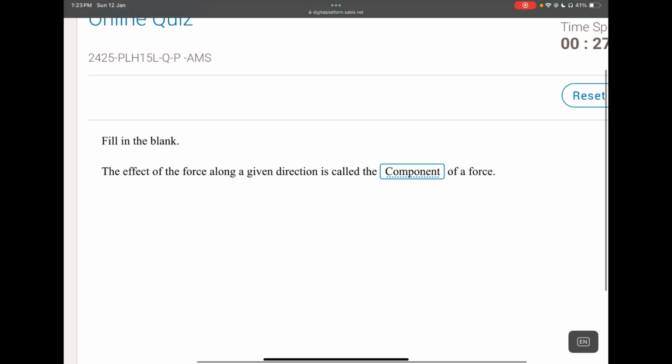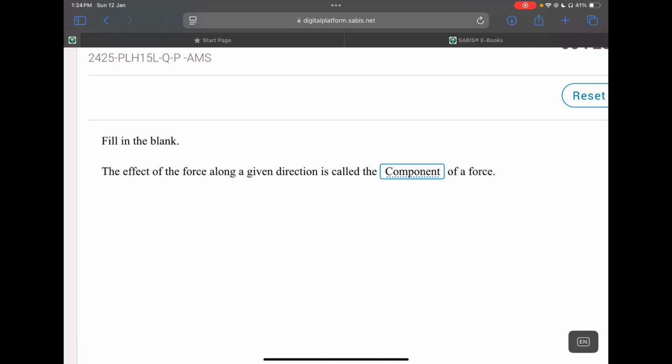So we have two types of components, the horizontal component and a vertical component. A component typically refers to a part of a vector or a force that is broken down into its projection along a specific axis, and usually the axis is the x-axis.